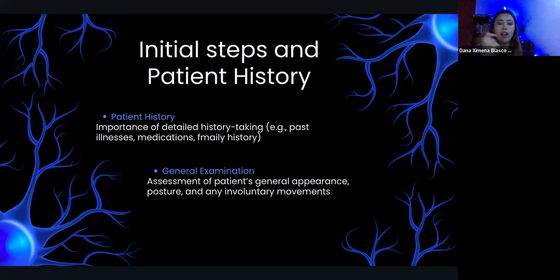For example, how they walk, how is their gait, how is their appearance, how is the posture, if they are not coordinated, or if they have any involuntary movements. So this is going to be very important before we properly begin our neurologic exam.